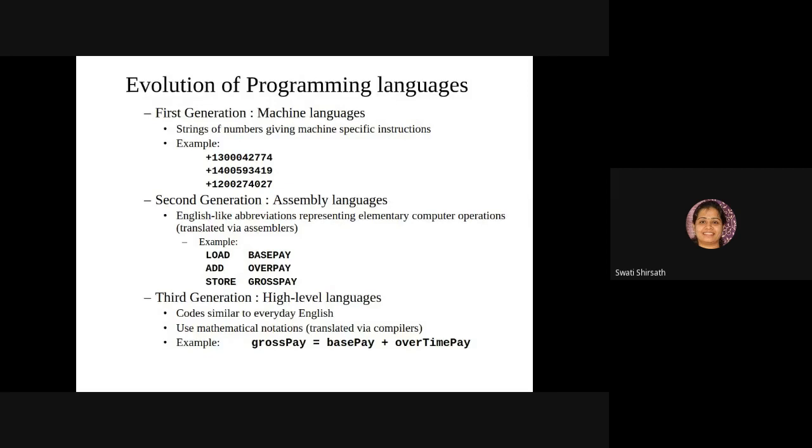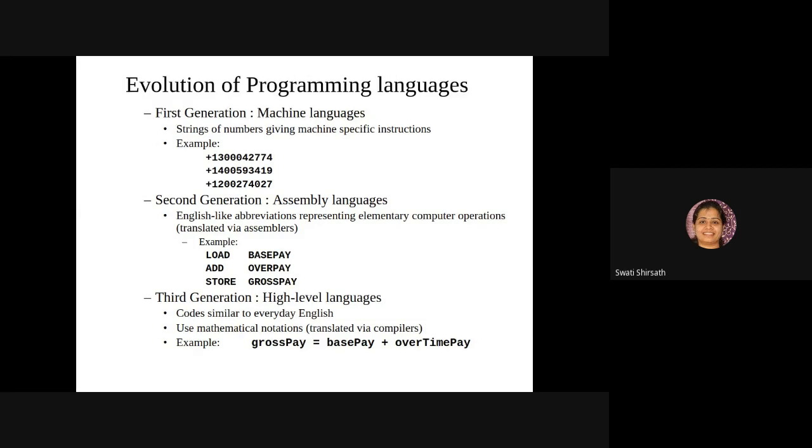Eventually it evolved, and today we have Python, which is a very user friendly language. It is like we talk in English and we write programs in Python that way. So it is that much evolved. So let's see what the first generation language is.